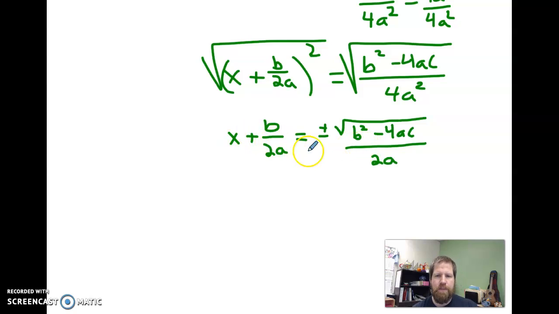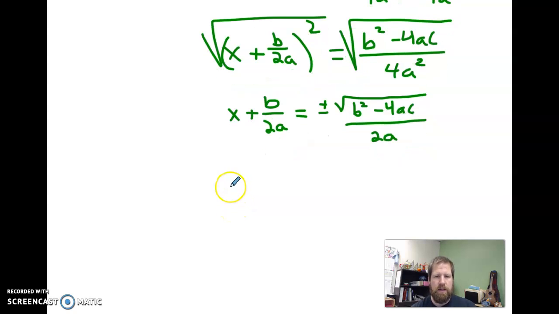And then the last part is we want to get x by itself, because that's kind of the whole point, right? Is to isolate x.